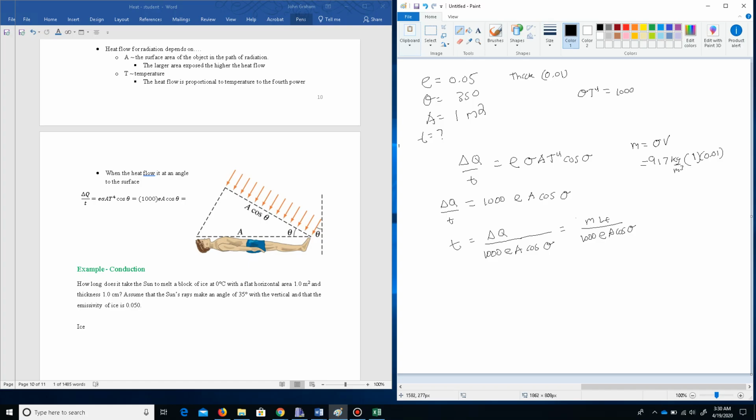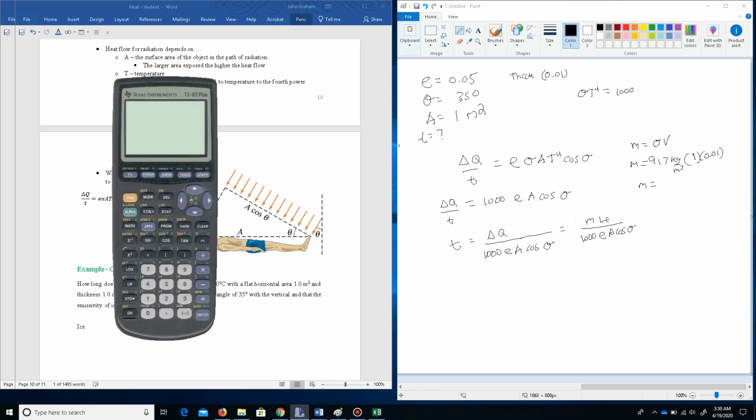So the mass is equal to 917 times 1 times 0.01, which is 9.17. So the time is 9.17 mass.